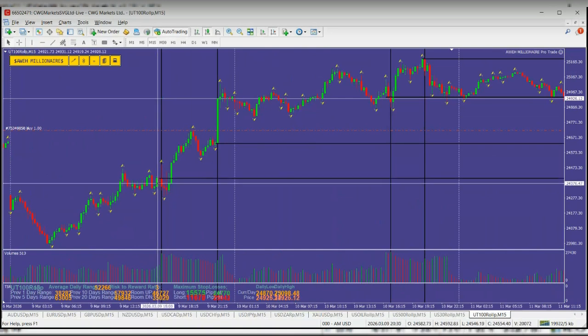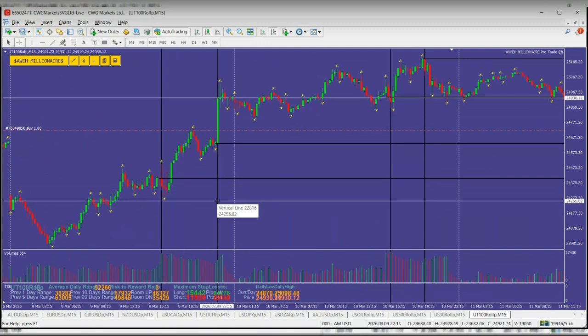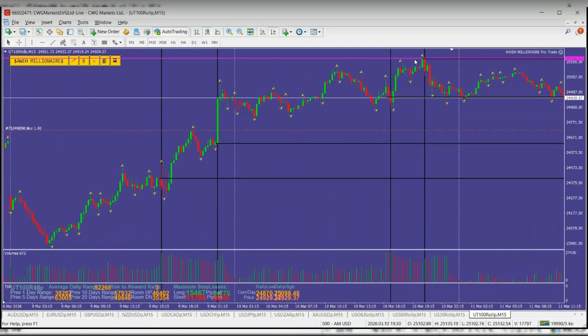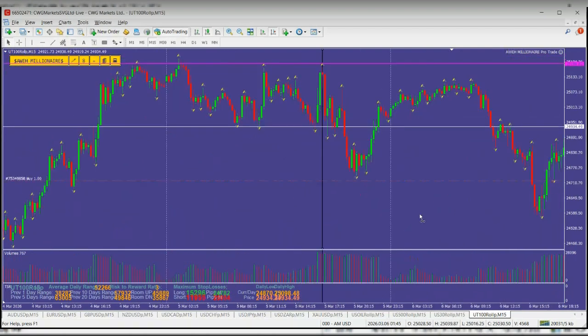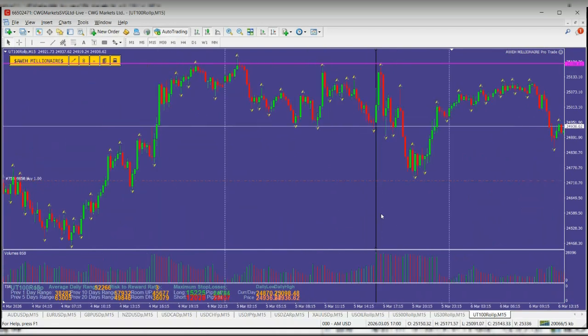So these levels from here, this one here, and this one here, all levels of demand where price pushed up with high volume. Then for our supply that we identified on the 4-hour time frame, we're looking for areas where price pushed down with high volume. And as you can see here, this one's not relevant anymore.